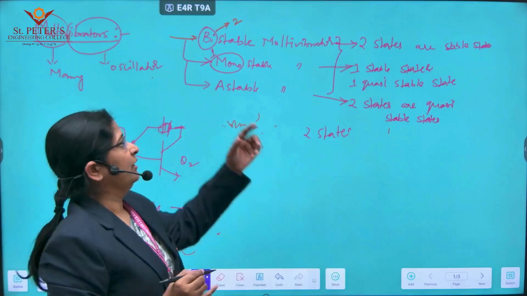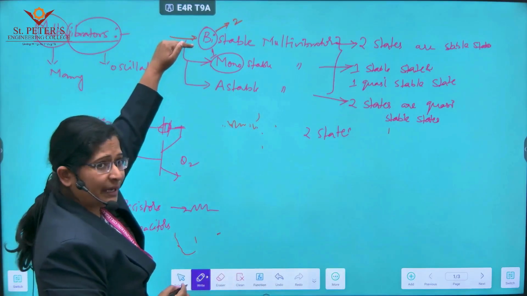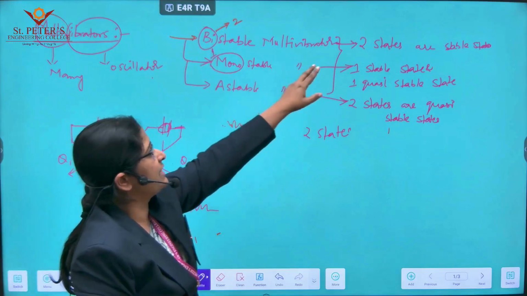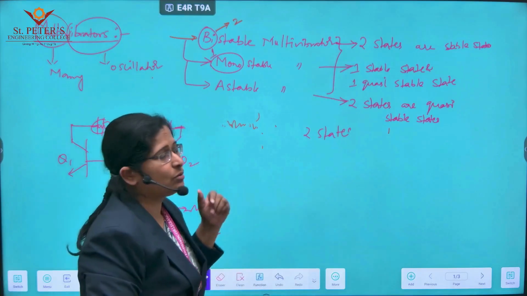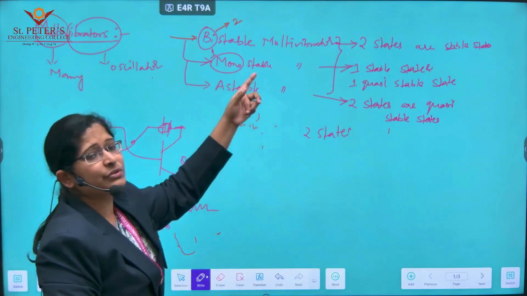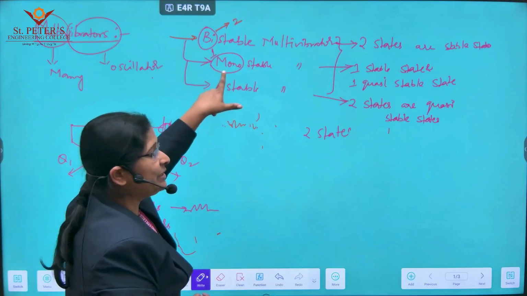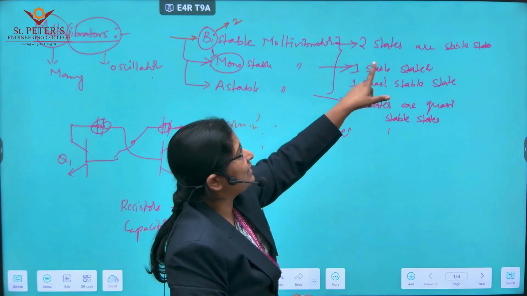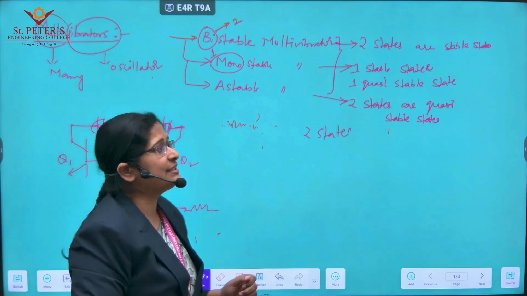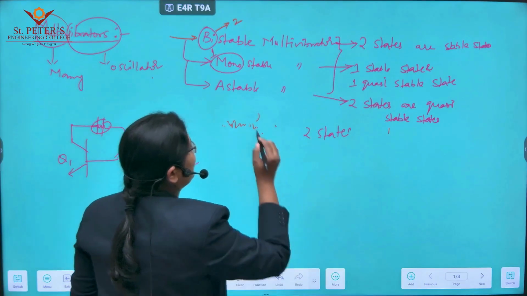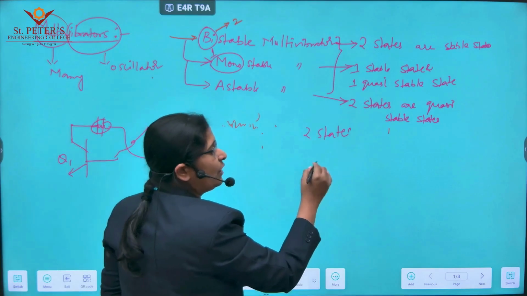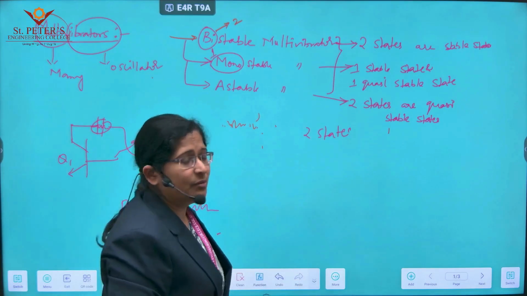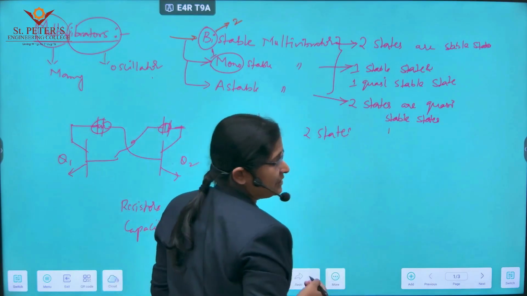So in bistable multivibrator, bi means two stable states, and there is no quasi-stable state. In monostable multivibrator, one is a stable state and the other is a quasi-stable state. And in astable multivibrator, out of the two states, both are quasi-stable states only.